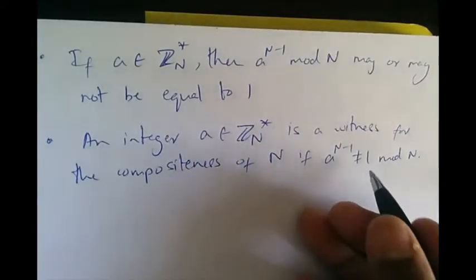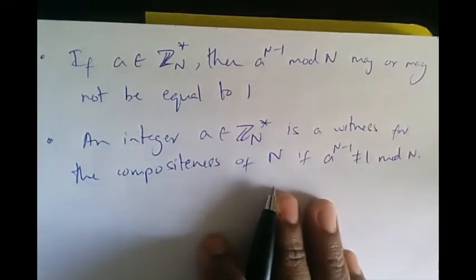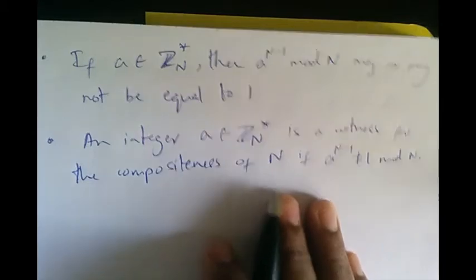Because if it's equal to 1 mod n, you don't get any information, but if it is not equal to 1 mod n, you can conclusively say that n is composite.